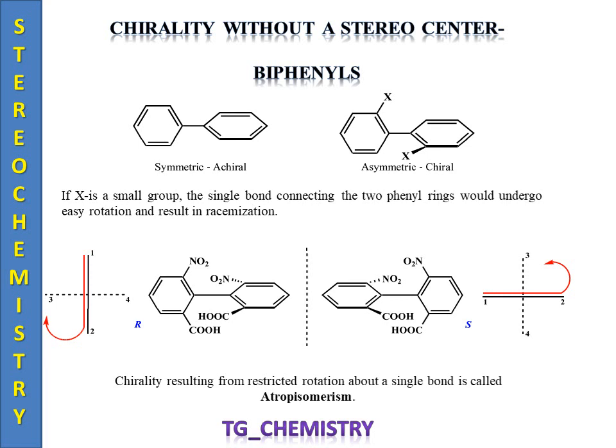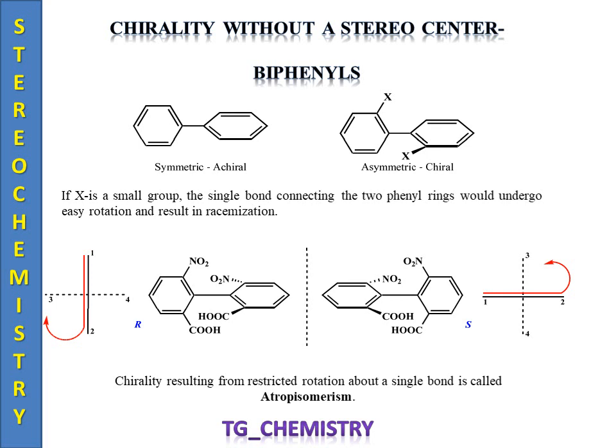Even if the X group shown here at the ortho position of the phenyl rings of the biphenyl system is a very small group, the single bond connecting the two phenyl rings would undergo easy rotation, and therefore it will result in racemization. Now chirality can be generated when the rotation around the single bond is restricted.